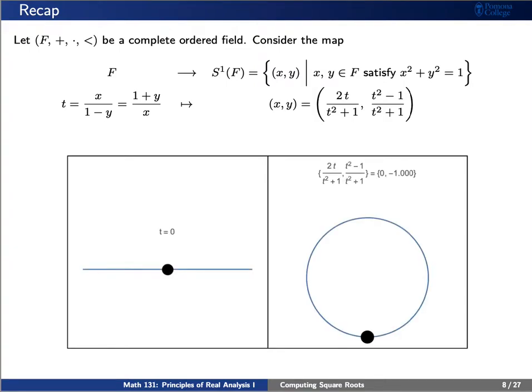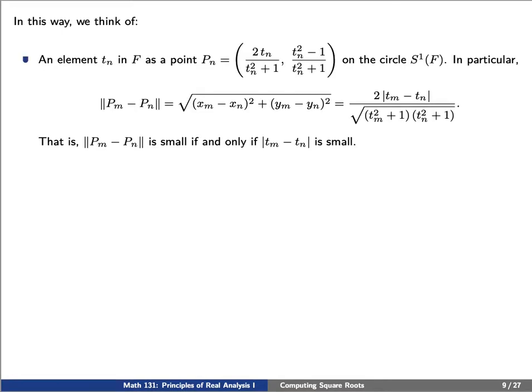Here's a graphical representation. On the left, you can see the number line, which corresponds to the field F. And on the right, you can see the unit circle, which corresponds to this notation we have above, S superscript 1, parentheses F. In this way, we can think of an element t sub n as a point p sub n on the circle.